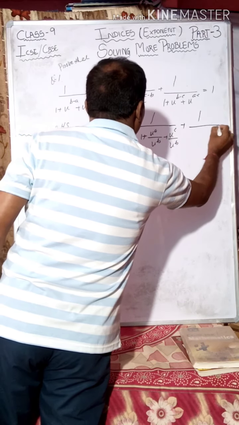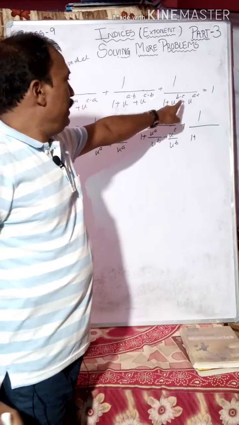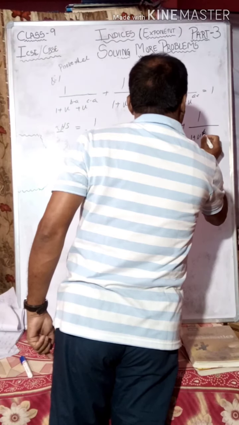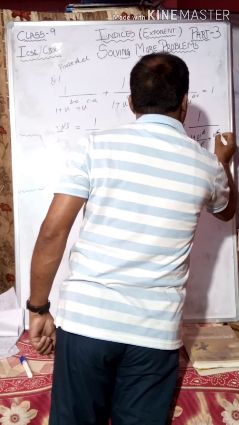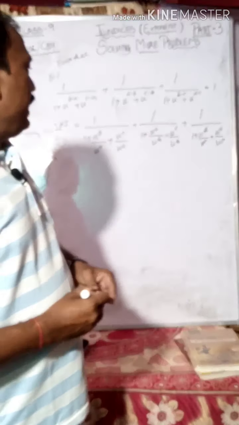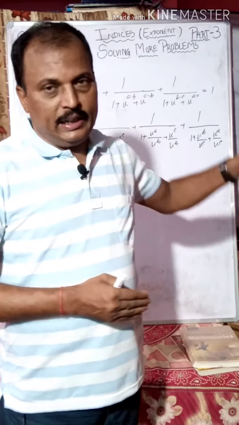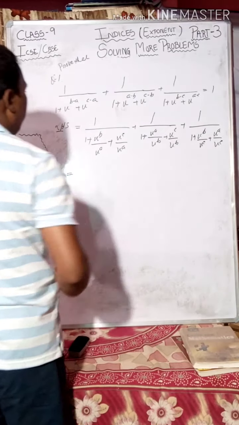Plus 1 upon 1 plus x to the power b minus c is equal to x to the power b upon x to the power c plus x to the power a upon x to the power c. That is our immediate step according to the laws of indices.